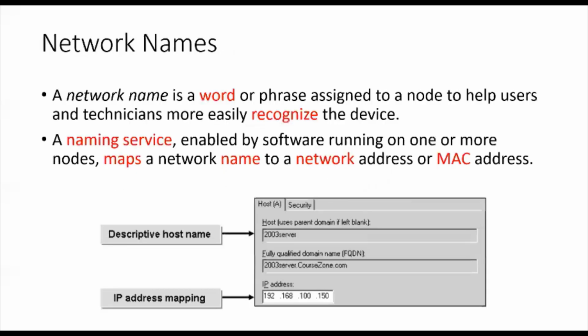Okay. The next one is the network name. We have looked at the address formats, that is the MAC address, also known as the physical address, and the IP address, also known as the logical address. These addresses are used to identify the device in the network.